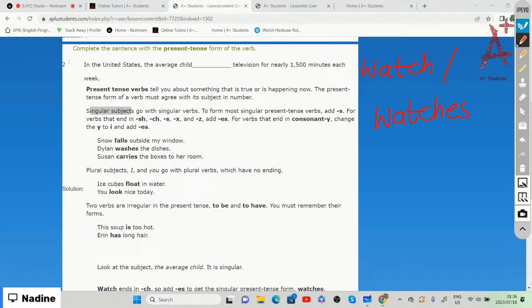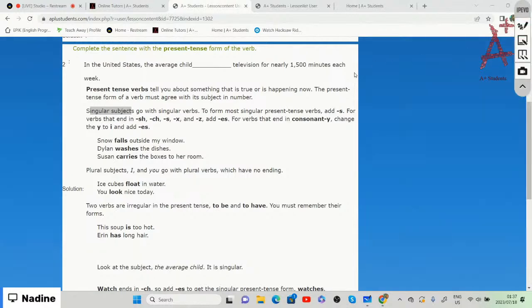In this case, watch ends in CH, which means our correct one is watches television nearly 1,500 minutes each month. So watches refers to a singular subject that goes with a singular verb.